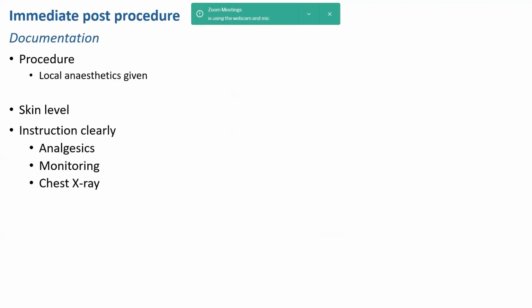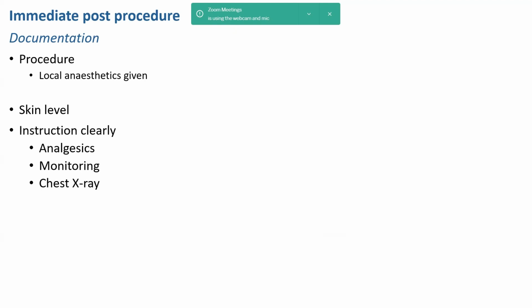Post procedure, documentation is very important. You need to document the procedure, what you have done, the insertion site, the local anesthetic used, and the skin level, because if the tube has come out, then you know that it has come out. Otherwise, somebody might later not know at what level you kept the tube. In the post procedure instructions, you should keep them on good analgesia, because it's a painful procedure.